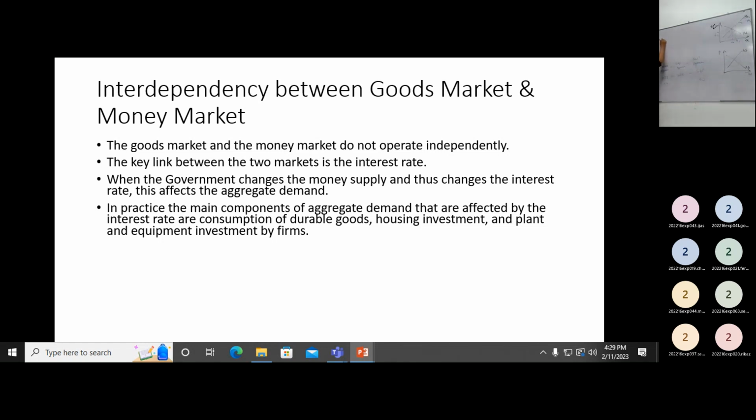So aggregate demand is a combination of consumption demand coming from the households plus investment demand coming from the business firms plus the government's spending. Government spending on goods and services means they are also demanding goods and services. So in an economy, there are three parties who demand goods and services, not only households, right?